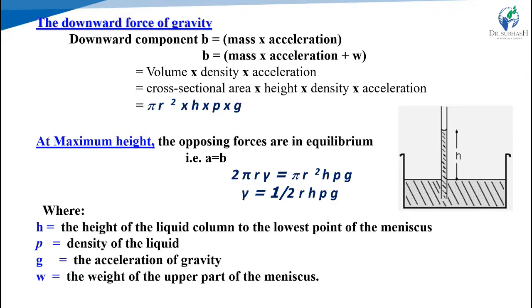So finally we get the equation based on the capillary rise method: surface tension is equal to 1 by 2 r h rho g.